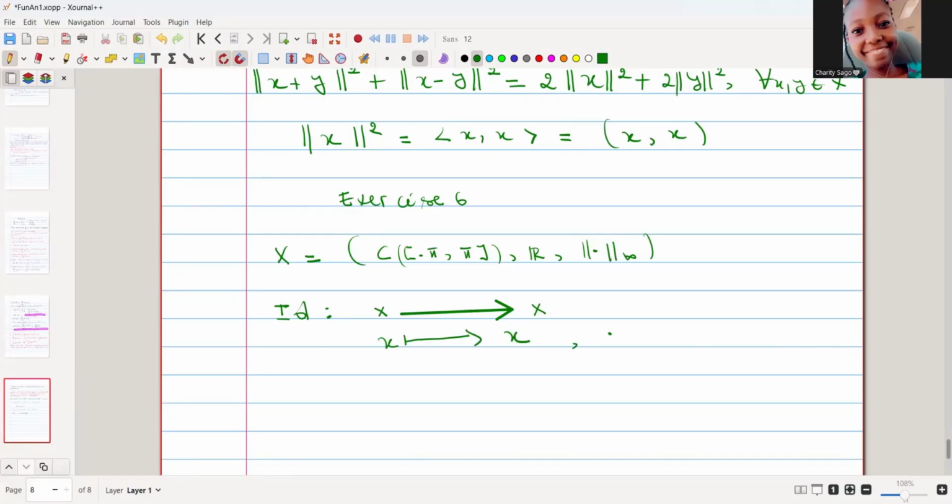Is the identity compact? So we are just going to check the hypotheses of the Ascoli-Arzelà theorem. I hope that you know the Ascoli-Arzelà theorem.